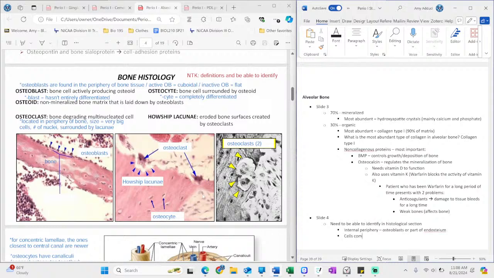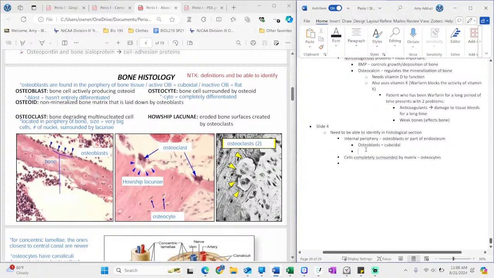But in this case, for example, these cells are cuboidal, for sure, osteoblast. These cells here that seem to be a little more flat, those can be either inactive osteoblast or fibroblast of the endosteum.